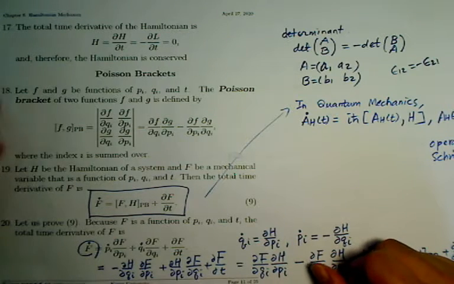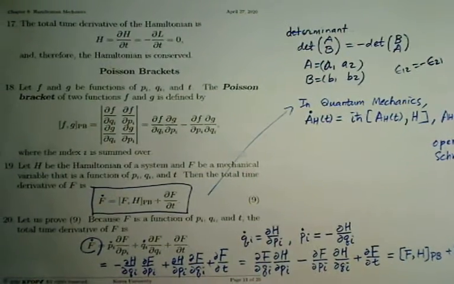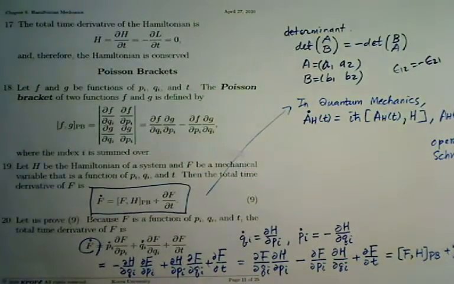This is the last class for Chapter 8. In Chapter 8, we studied Hamiltonian mechanics. In the previous chapter, we considered Lagrangian mechanics.